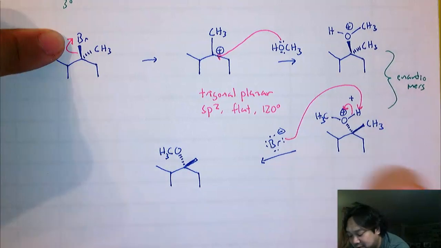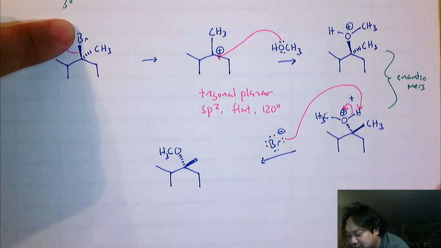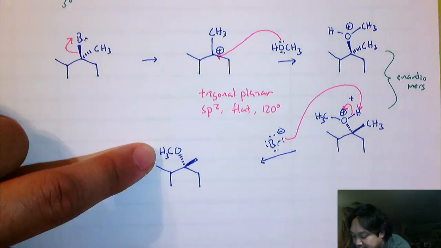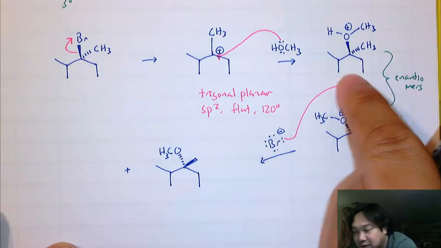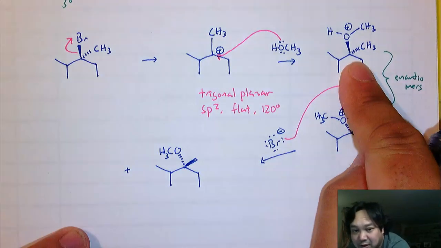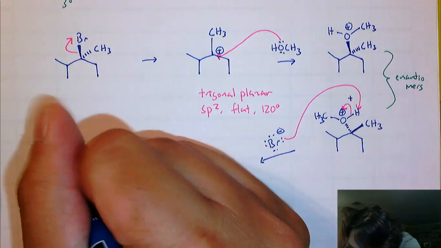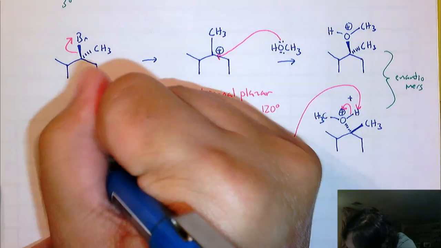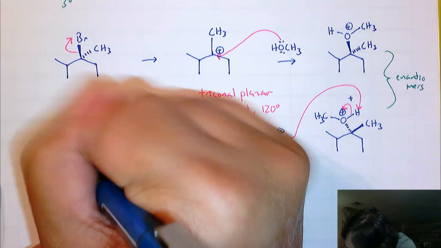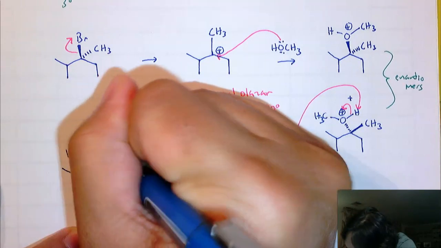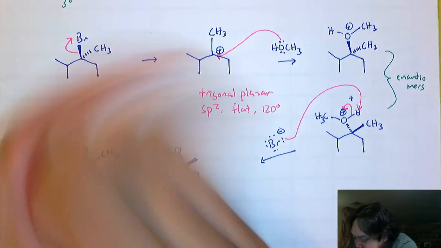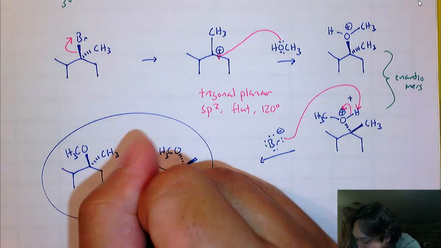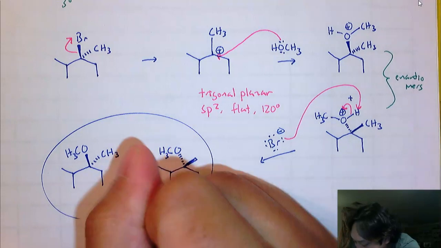So this is our starting material, and we kick out the bromine, and we added the methanol and took off the hydrogen. But if we did the deprotonation on this molecule, which does happen, look what we have. We now have the enantiomer. So this is called, as you know, a racemic mixture.